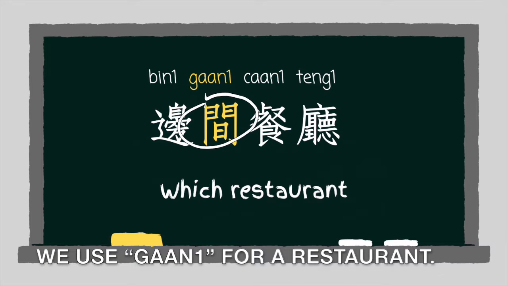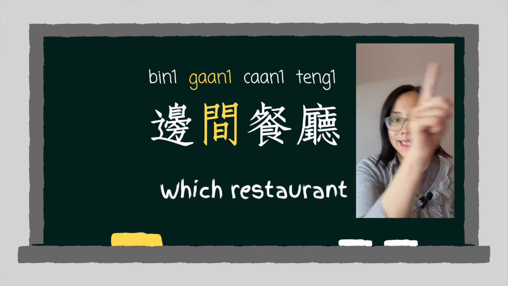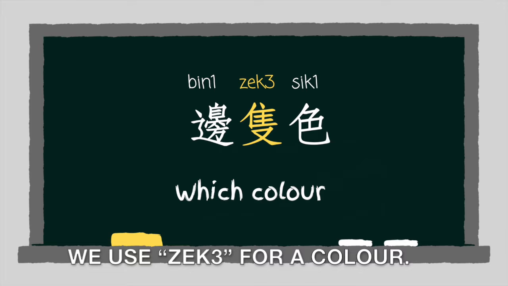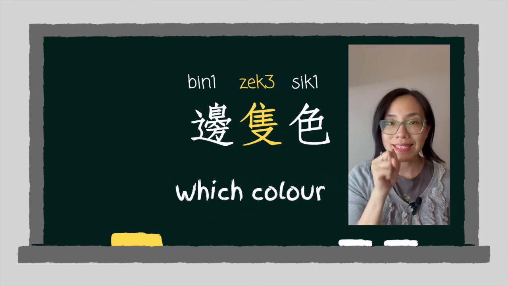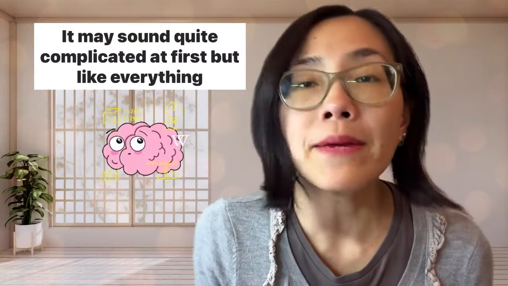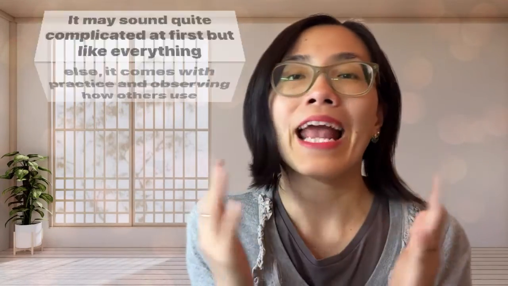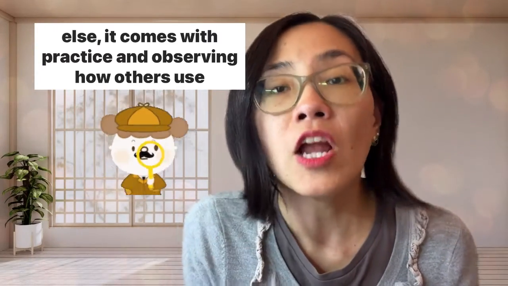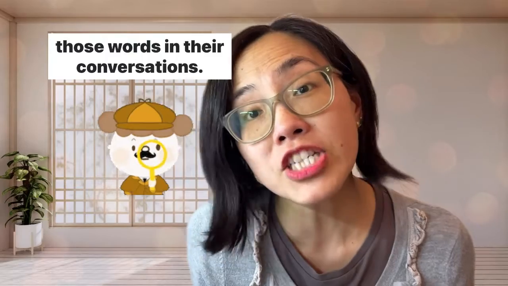We use 間 for restaurant. 邊間我哋去邊間餐廳好啊? We use 隻 for a color. 邊隻你鍾意邊隻色啊? It may sound quite complicated at first, but like everything else, it comes with practice and observing how others use those words in their conversations.